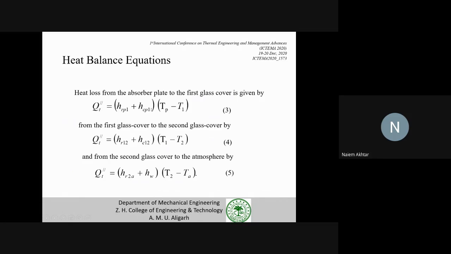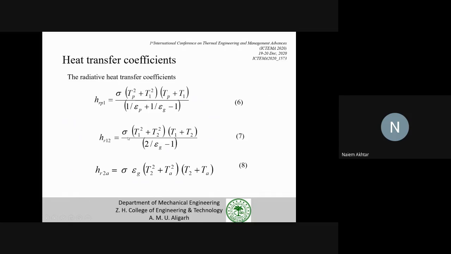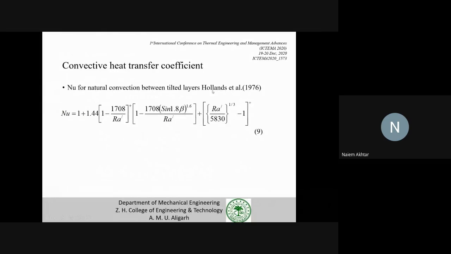And these are the radiative and convective heat transfer coefficients, the relations for which are available in the books. This relation is for natural convection between tilted layers, given by Hollands. Another relation also available in the literature is by Buchberg, called the three-region correlation.